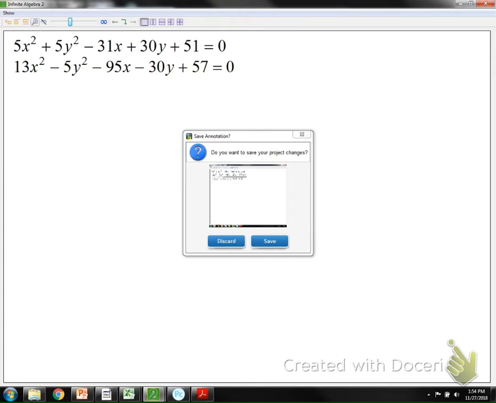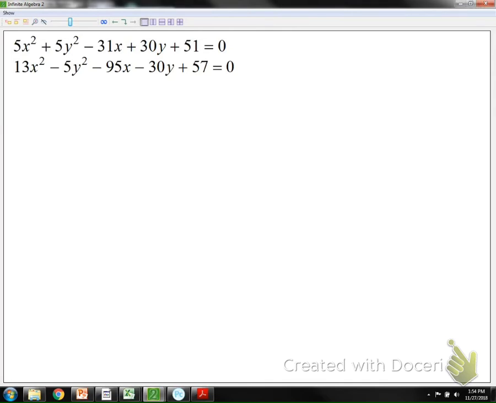You guys probably saw that quicker than I did because it was a bonehead mistake. 13x squared plus 5x squared is 18x squared. So 18x squared minus 126x plus 108 is equal to 0.